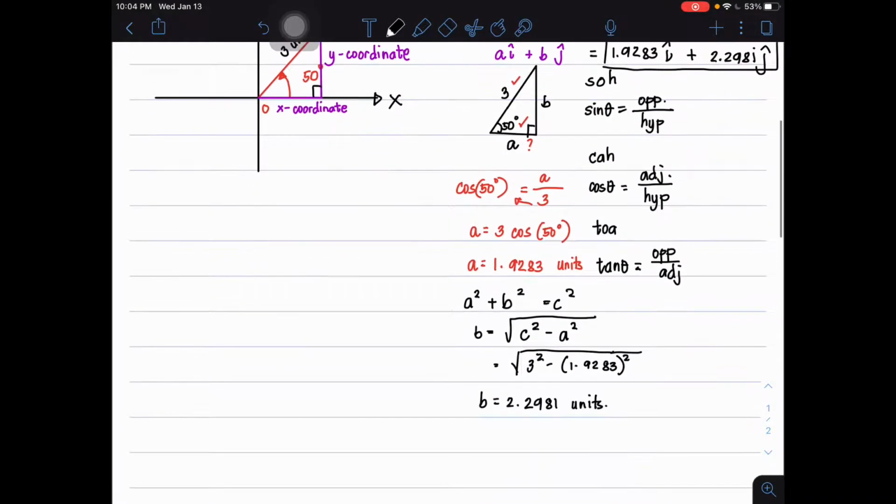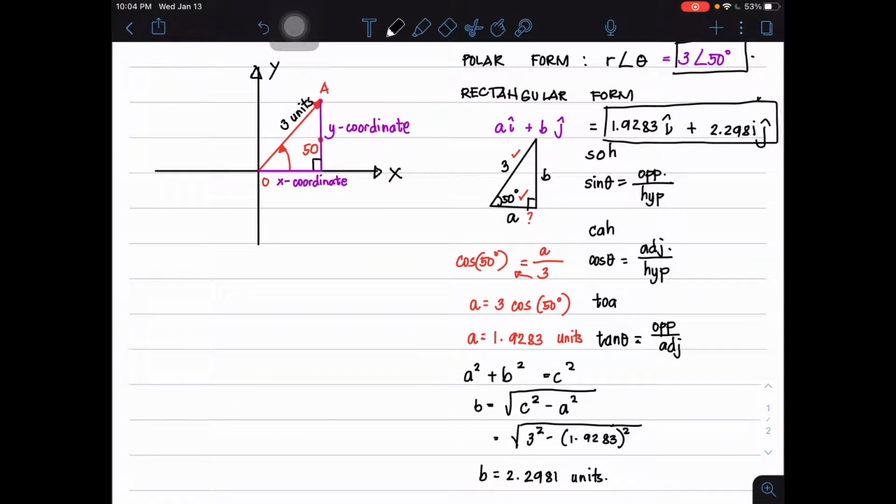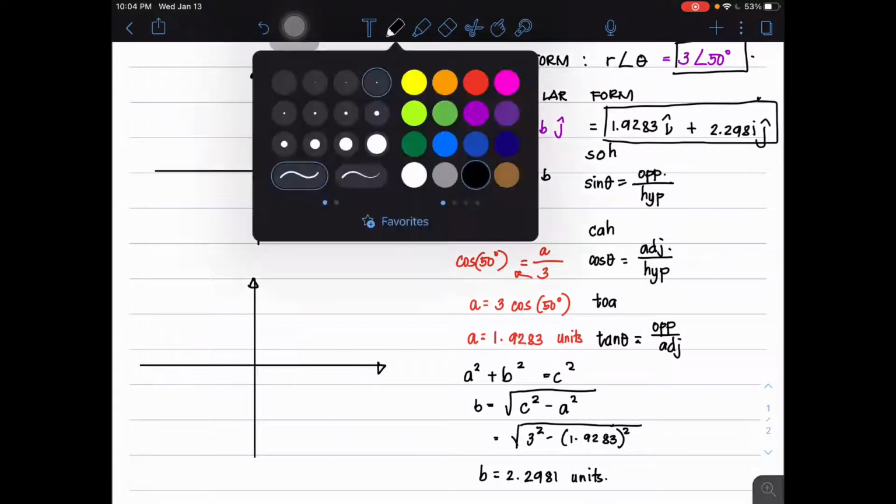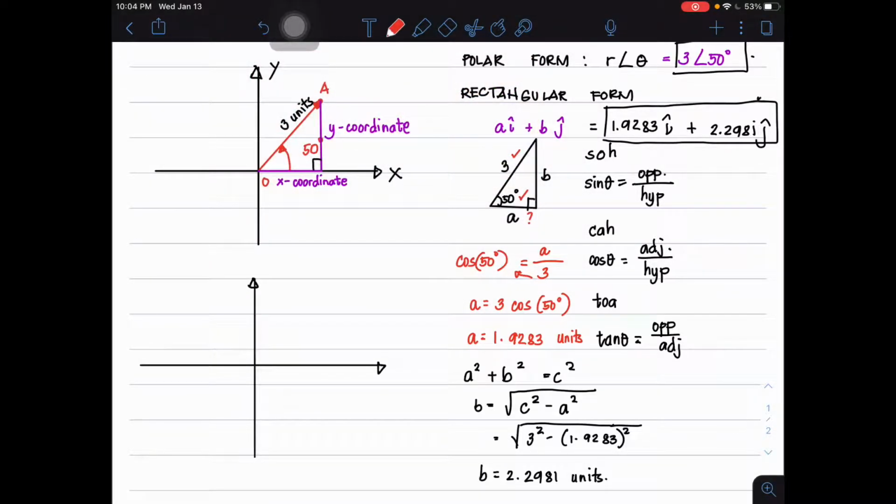Now, let me have another example. Let's say our point is located in the second quadrant. This point, let me point it here, is point B. If I'm going to draw a line from the point to the origin, I can create a vector.